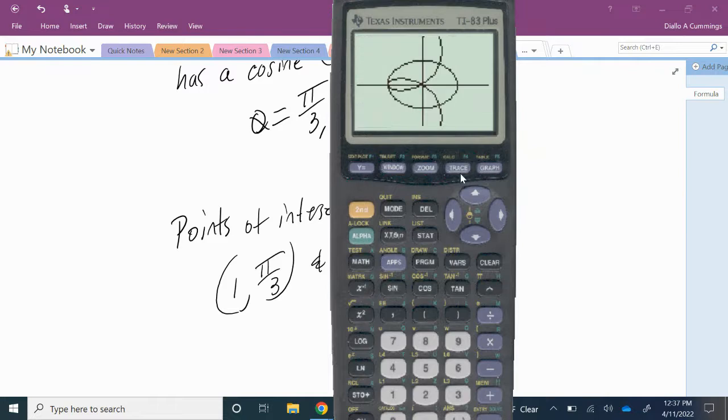I lost it, so I'm going to go back in the trace. That's the 1.047. And then if we go down, I think I may have to go all the way around. Okay, there it is.